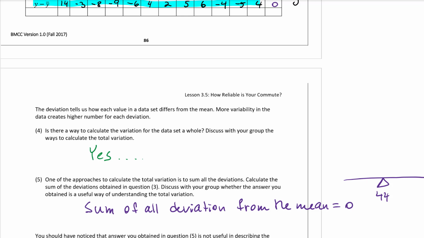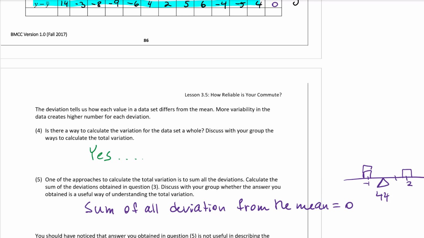For all these numbers to the left or to the right, for example, if you have 2 building blocks 1 unit away on one side, and 1 building block 2 units away on the other, the scale will still be equal at 44. So the mean represents a balancing point, so the sum will be 0 all the time for any data set.